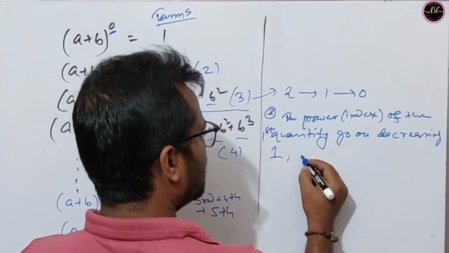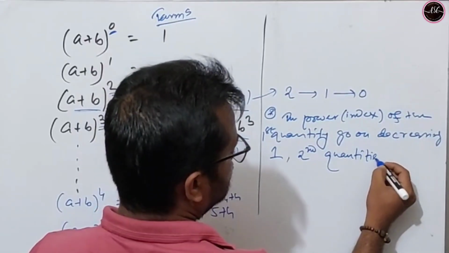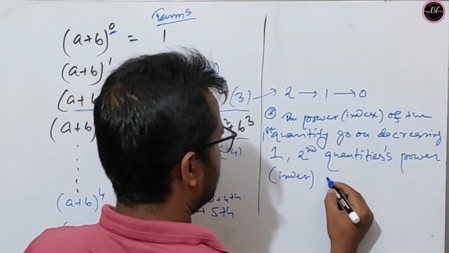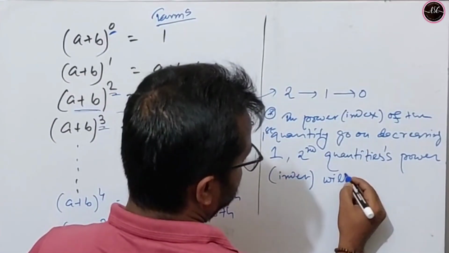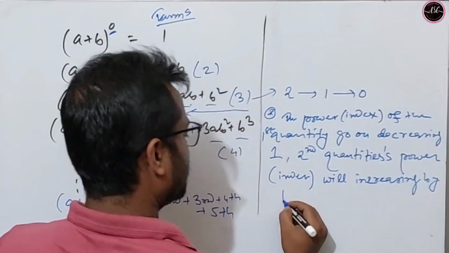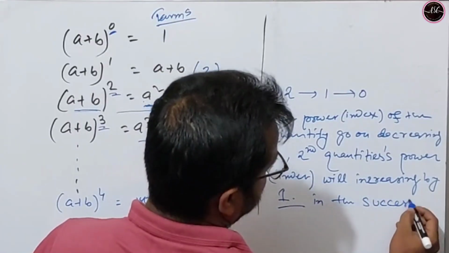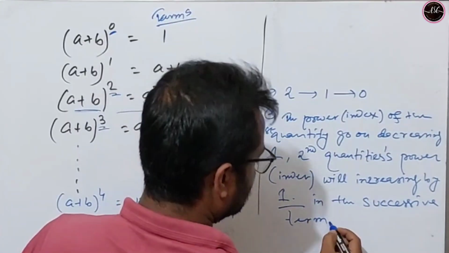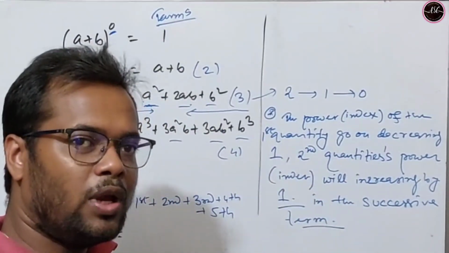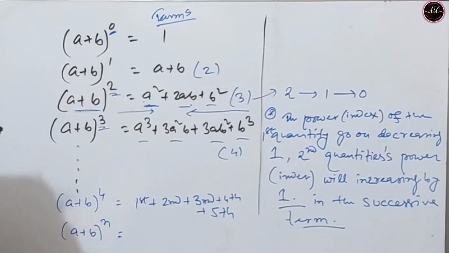Okay, similarly the second quantity's power or index will be increasing by 1 in the successive term. Okay, that means here the power of A will decrease by 1 in successive terms, and similarly the power of B will increase in successive terms.